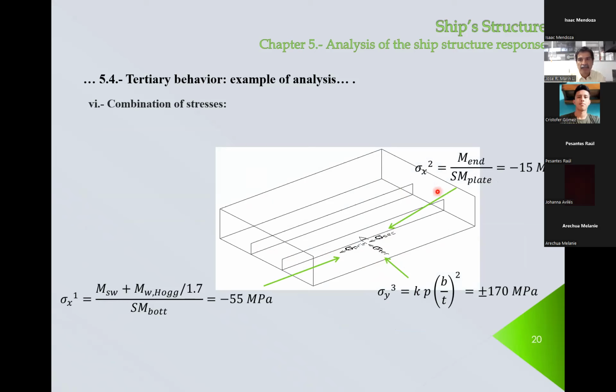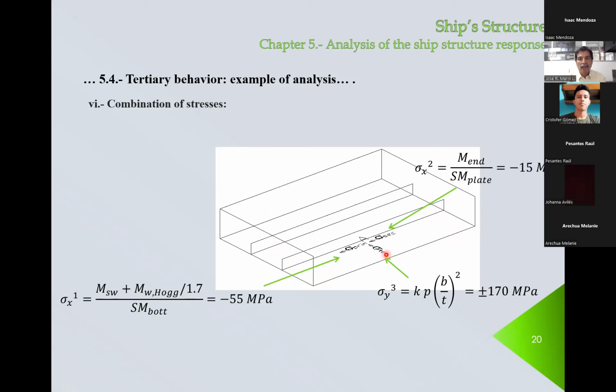This is the floor, this is another floor, this is the side girder, and this is, for example, the longitudinal bulkhead. From here to here is 0.625 meters. From here to here, that's 2.7. From here to here, it's 2.5. I just drew two longitudinals; I should have drawn three.